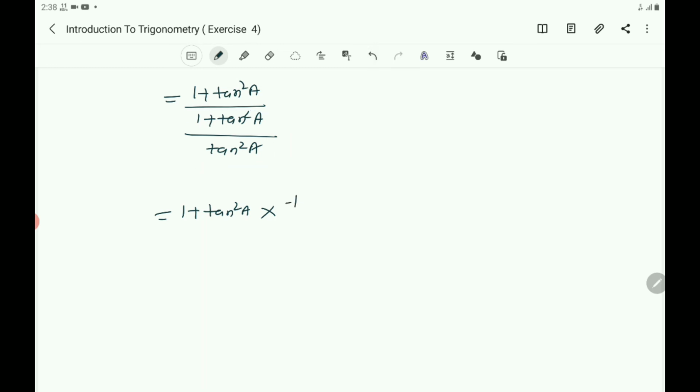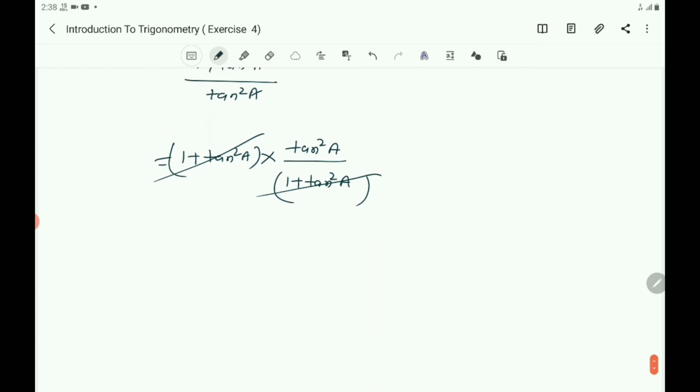So you write that is tan square A by 1 plus tan square A, and this 1 plus tan square A wholly cancels here. What is remaining? That is tan square A. Consider this is the first.